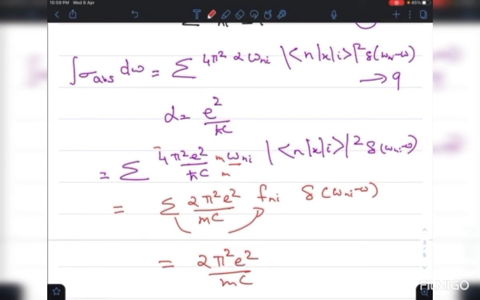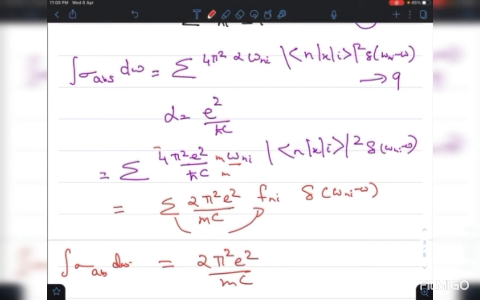That is my integral sigma abs d omega. So here you can see that in this equation the h cross has disappeared, and this is just the oscillation sum rule, which is already known in classical electrodynamics.